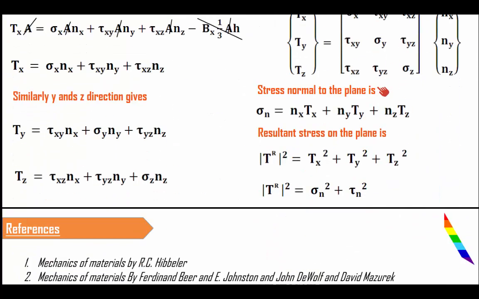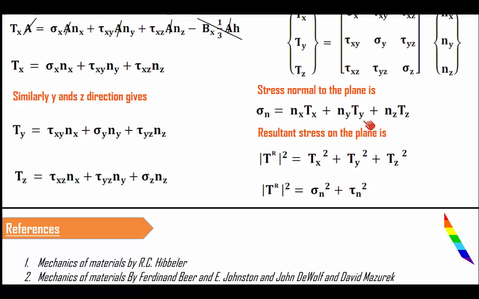So the normal stress acting on the plane ABC is Tx into cos theta x, plus Ty into cos theta y, plus Tz into cos theta z, which is nothing but Nx, Ny and Nz.